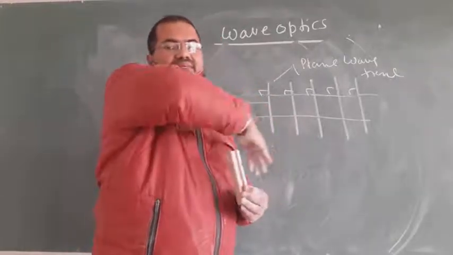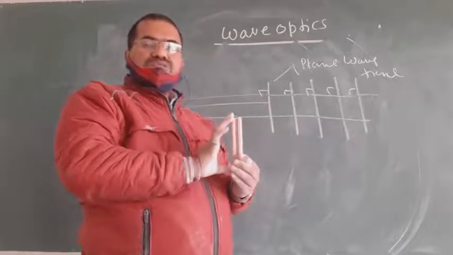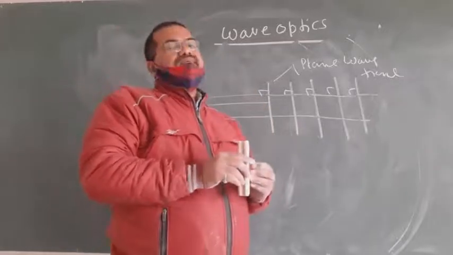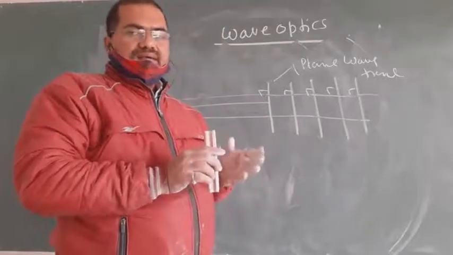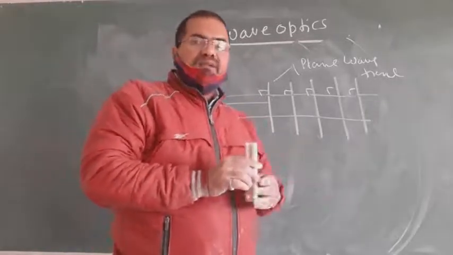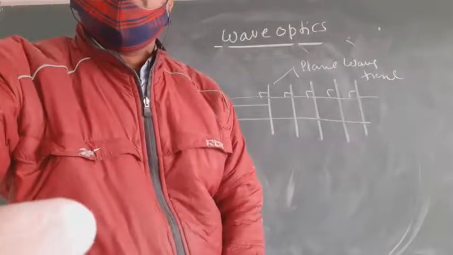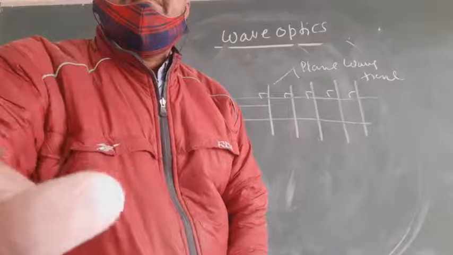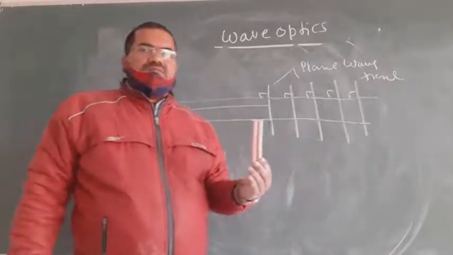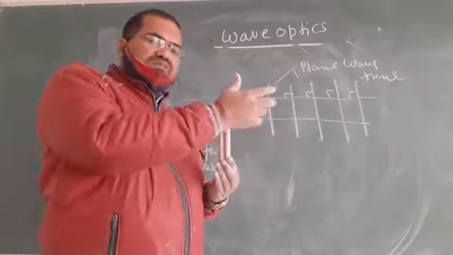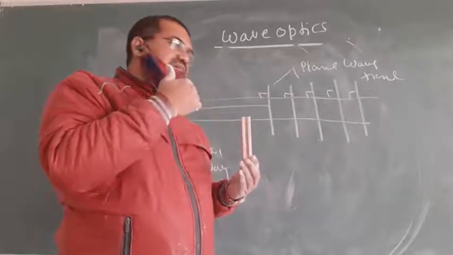A cylindrical wavefront will be formed by this type of source, so that all the rays reach the wavefront at the same time, and the rays are perpendicular to the surface.